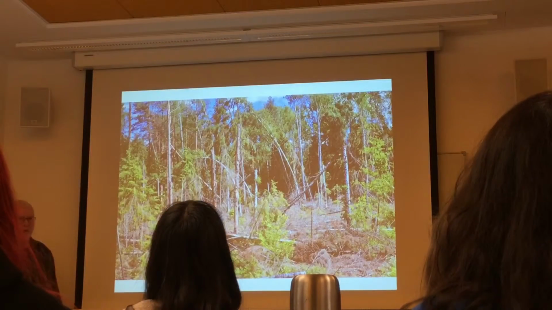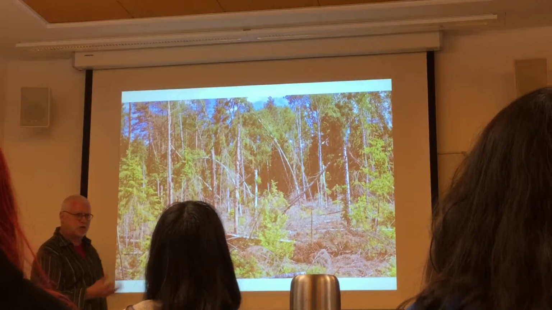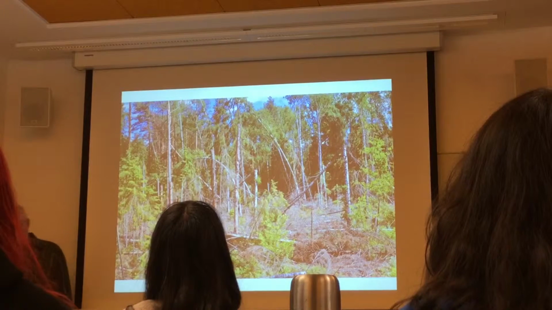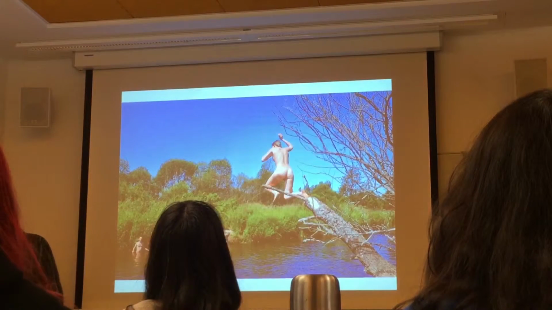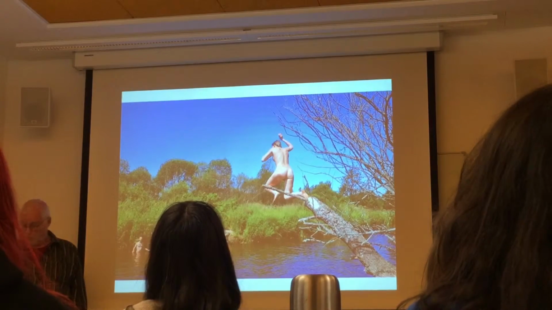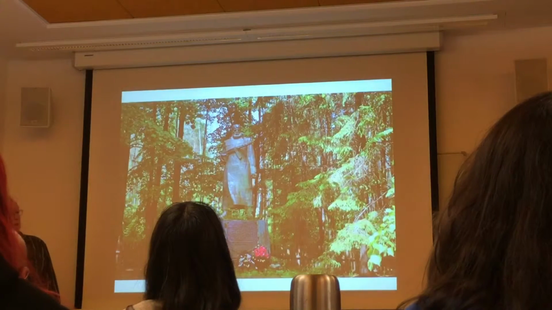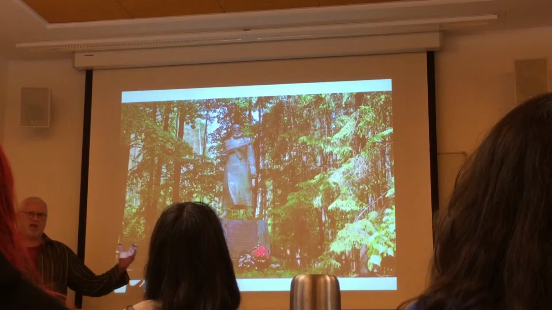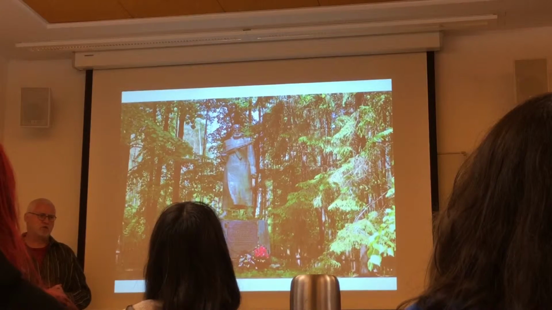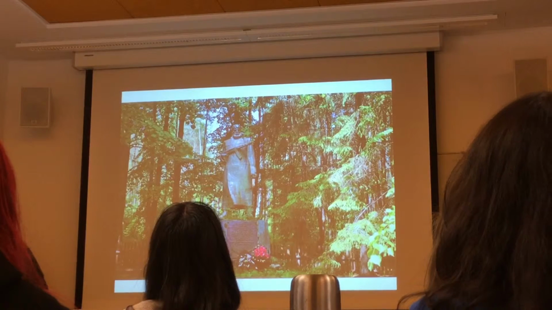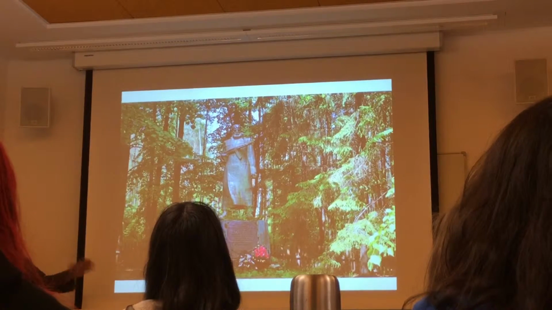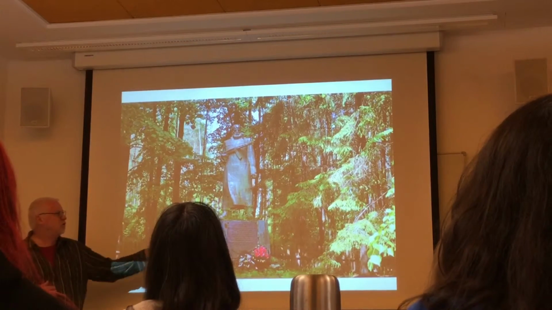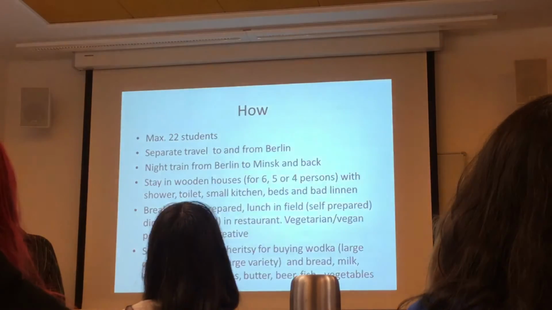So we will look at the patch dynamics, storm effects on forest and regeneration, fire effects on forest and regeneration. We will swim wherever we see water, and we take a look at the partisan history, because this was such an extensive area of forest and swamps that the partisans, the resistance fighters, could hide there for several years, and they had entire villages and hospitals, etc. And you see the remainders of that in this area.